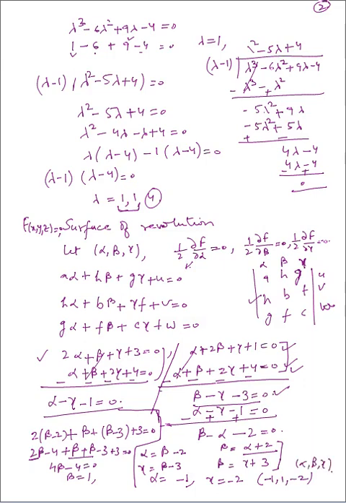Fine. Now we want to find out mu value, because we need mu also for writing the equation in standard form or the reduced equation. So for that we will be finding the mu also.